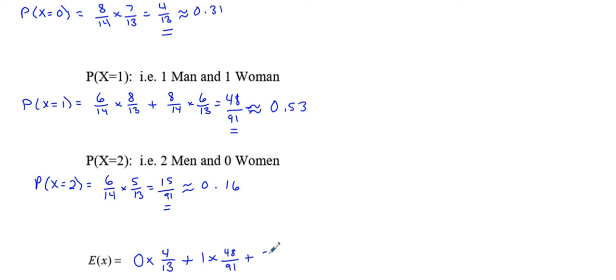And the outcome of 2 men had a frequency of 15 over 91. And remember, you're dividing that by the sum of all the frequencies, which is just equal to 1. So that works out to, in lowest terms, 6 out of 7, which is approximately equal to 0.86. So that means the expected number of men is approximately 0.86.